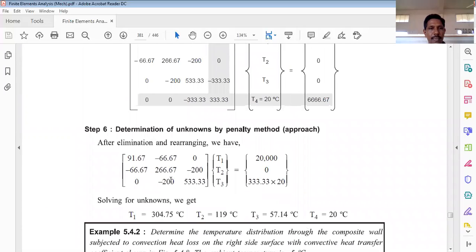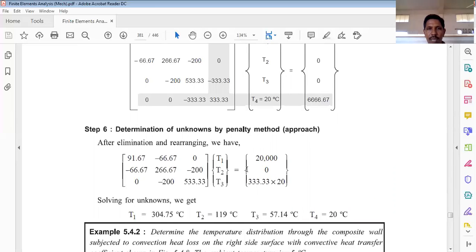After elimination, we are left with 91.67, minus 66.67, 0; minus 66.67, 266.67, minus 200; 0, minus 200, 533.33, multiplying the temperature vector of T1, T2, T3, equal to 20,000 at node number 1, 0 at node number 2, and 333.33 into 20, which is nothing but 6,666.67.